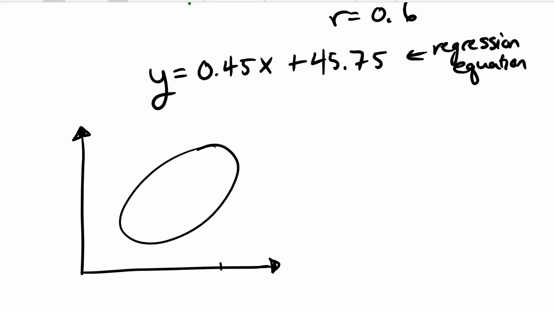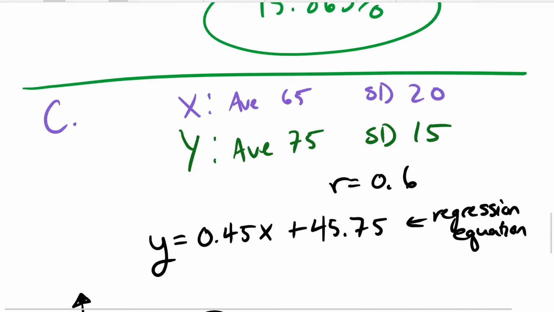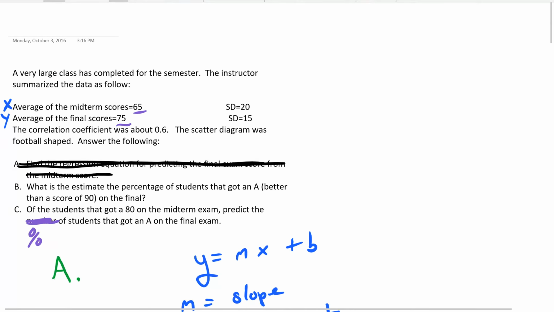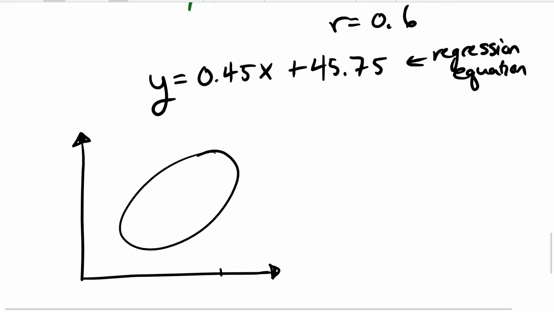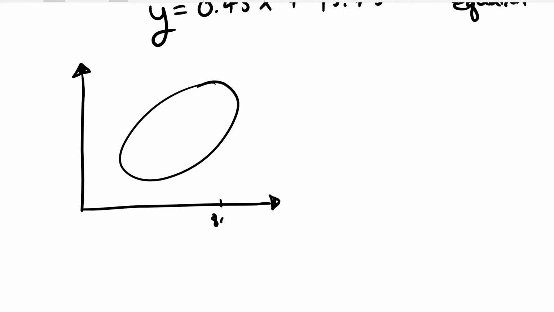We're saying of the students that got an 80 on the midterm, we want to know what percentage of students did better than 90 on the final. This means we're actually looking within a vertical strip rather than all of the data. We're saying what percentage of the overall population is in this region right here.